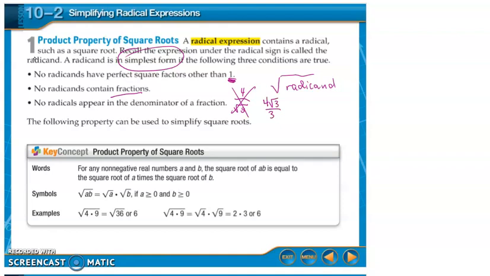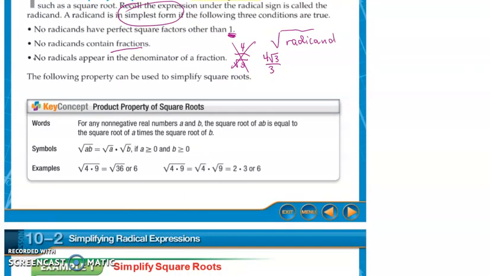So here's the deal with multiplying with square roots. If I have a square root, say the square root of 12, I can rewrite it to be 4 times 3. I can also rewrite it so that each of those have their own houses.